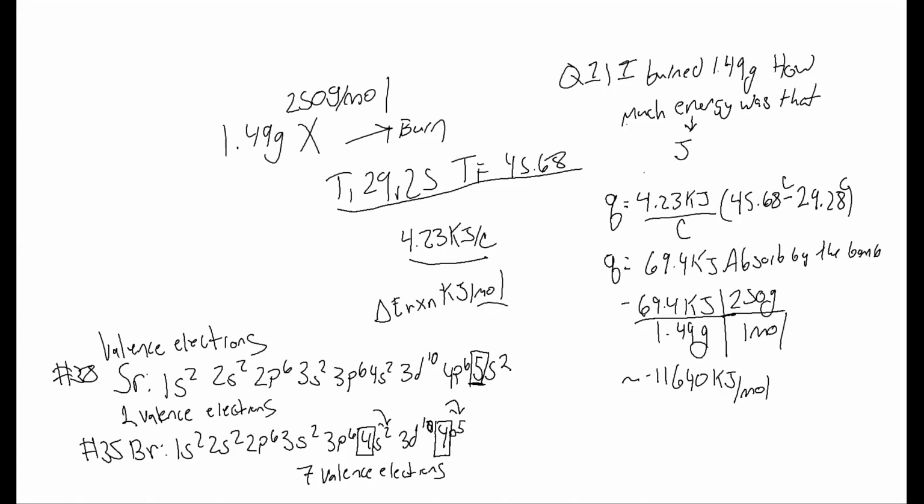Oh, yeah. This was actually a question that we went over in class. I just changed the elements. Instead of being the actual elements, I just changed them to X and Y. But the question is, atom X has 3 valence electrons.